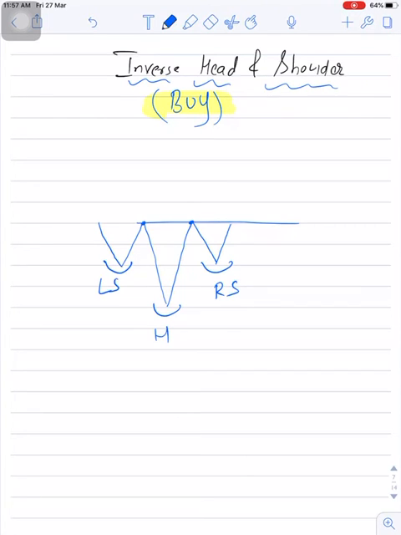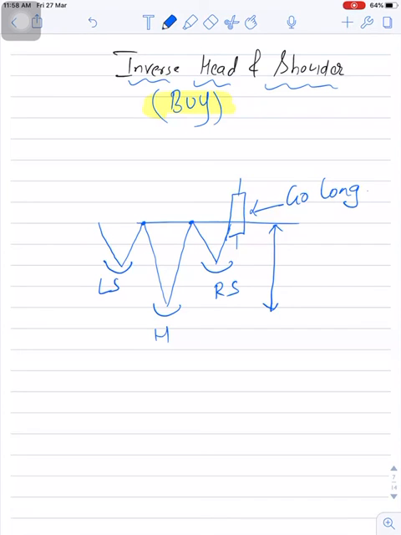So after forming the right shoulder, price should break this neckline with a bullish candle, as it is a buy signal. After that we can go long.